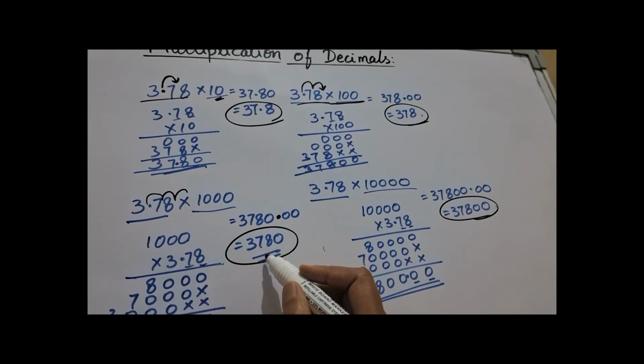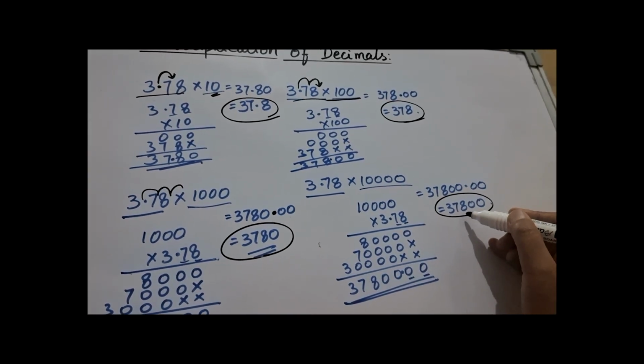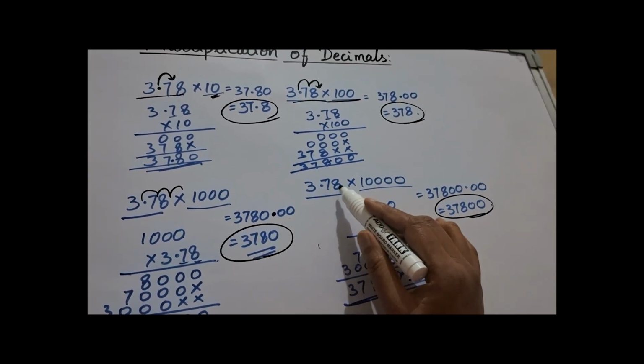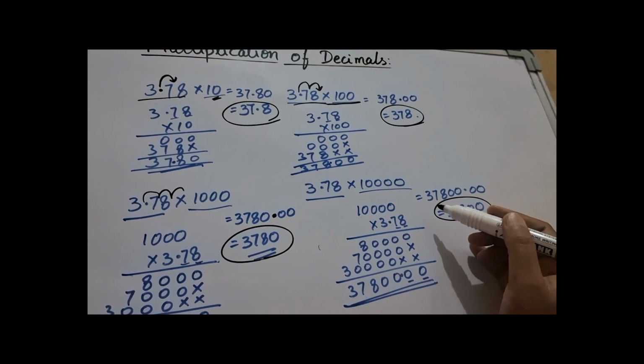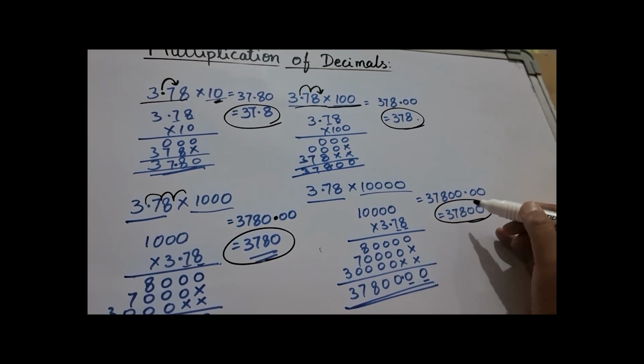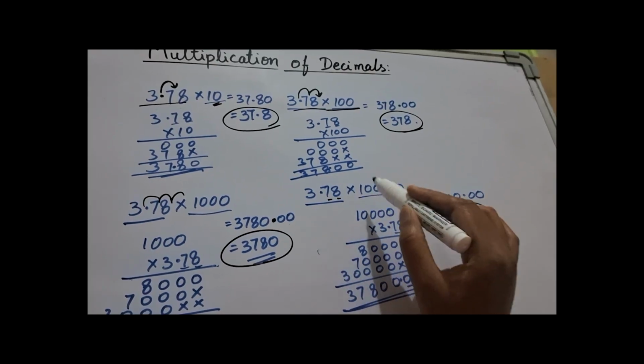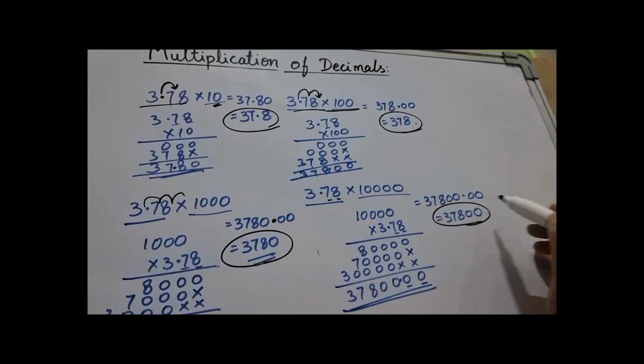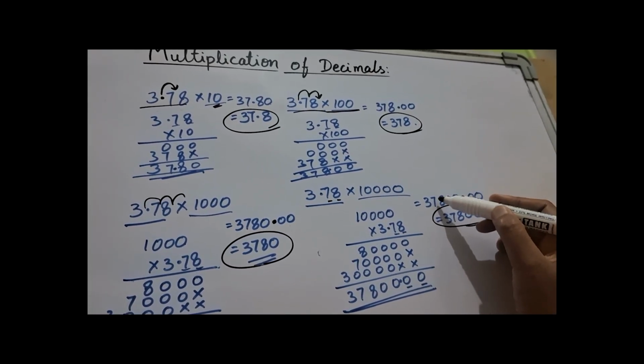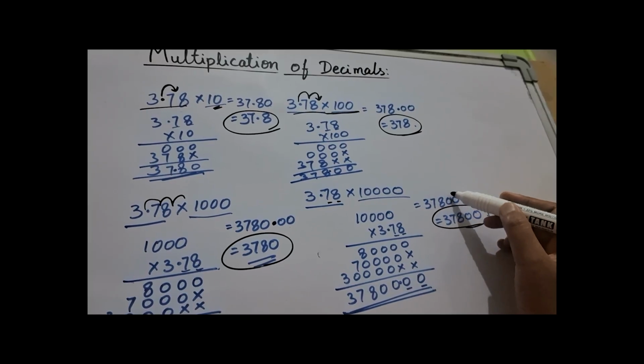Now here, 3.78 when multiplied with 10,000, then we observe that the decimal point has moved to the right side 4 digits. Okay, children, from here 1, 2, 3, 4.